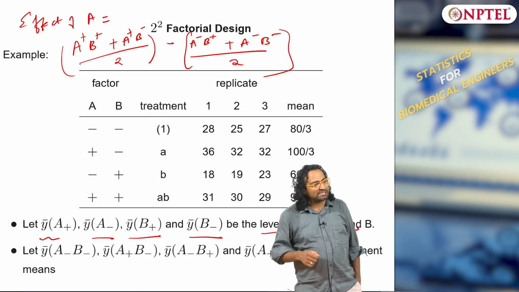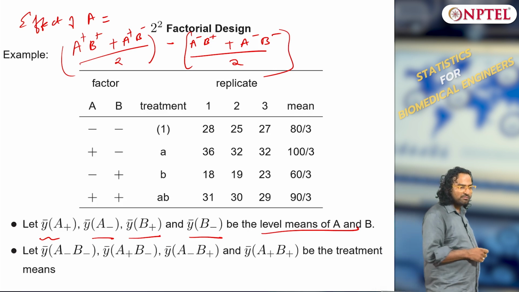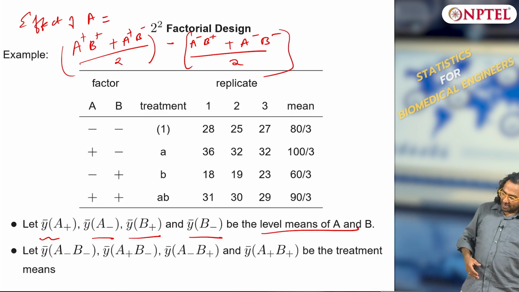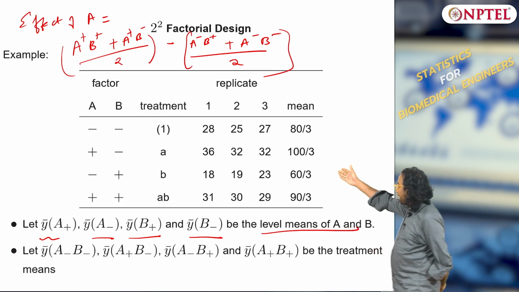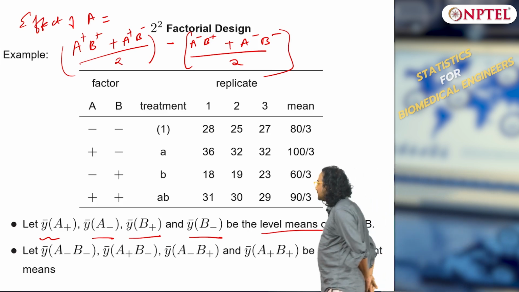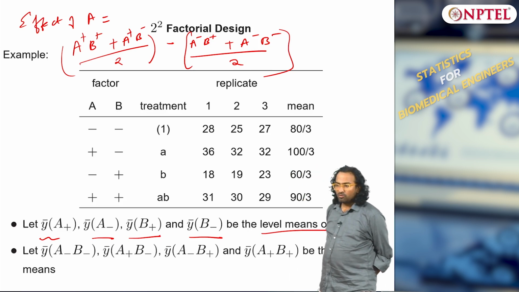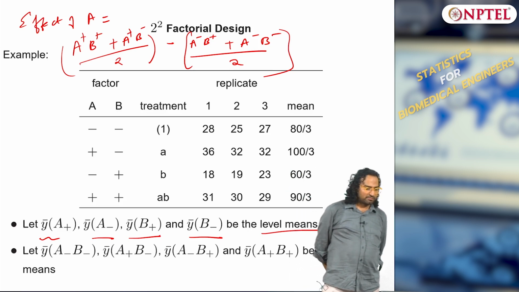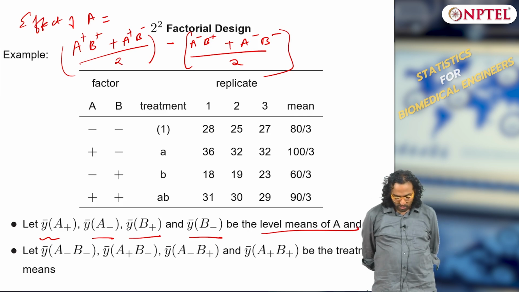What is y bar A plus? If I write y bar A plus, what does it mean? In this experiment, can you tell me what is y bar A plus? I have data here, right? What is the value?